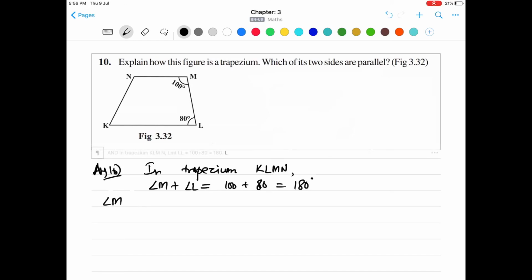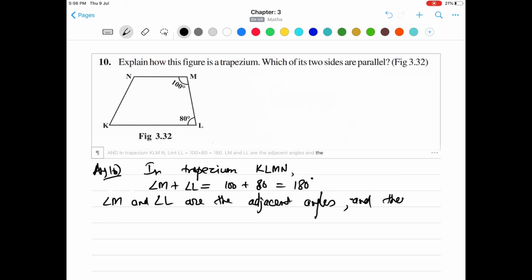So we'll write angle M and angle L are adjacent angles, and the sum of adjacent angles is 180 degrees.